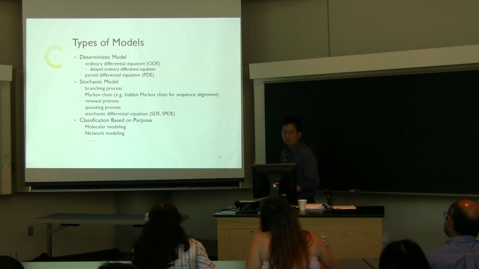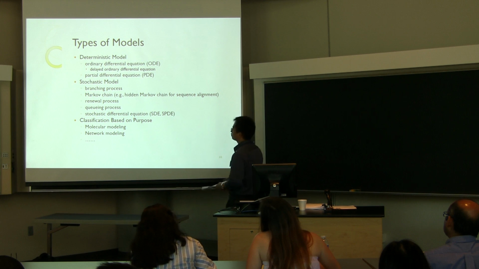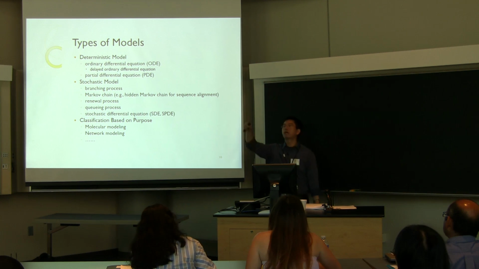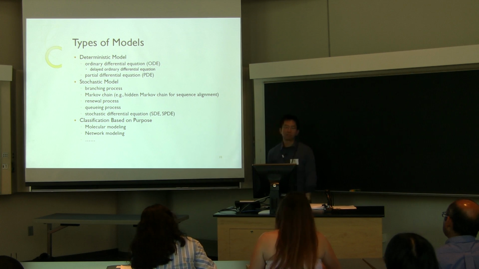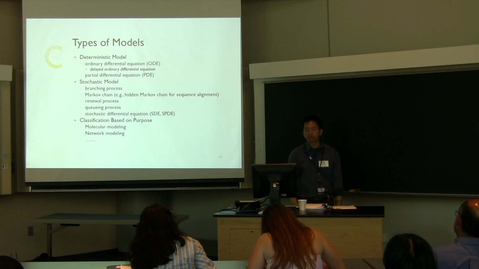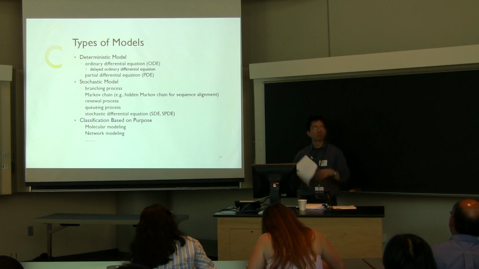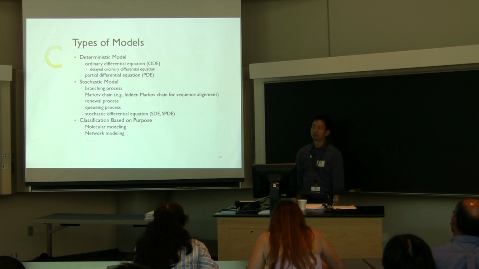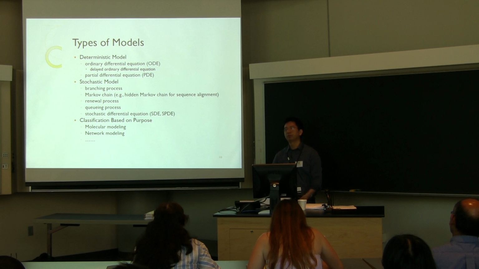There's also the renewal process, which means a process can start and end and restart again. That's called a renewal process. A queuing process is more like you have 10 customers go to a bank, but this bank only has 3 people who can serve you, so you have to wait in a line.